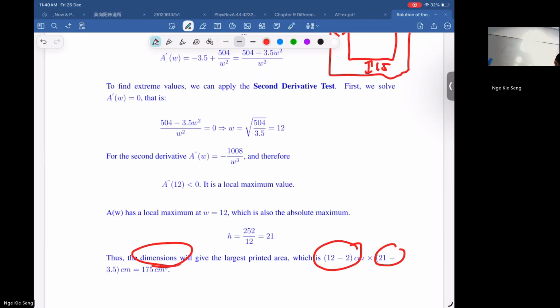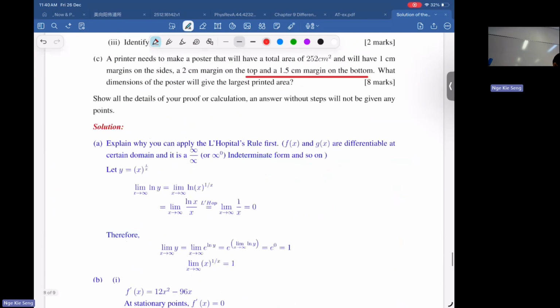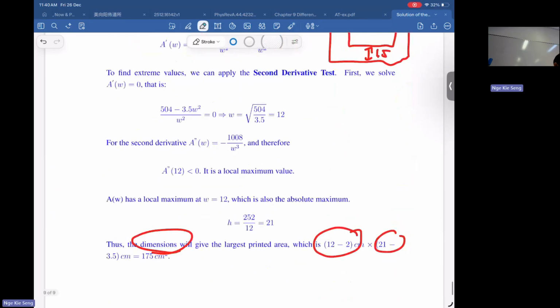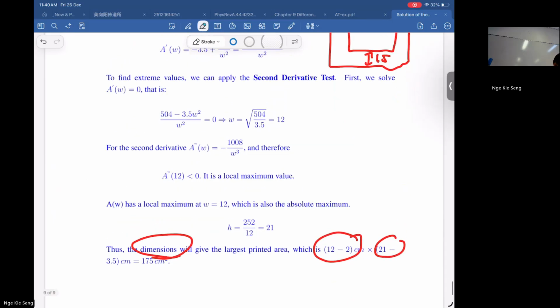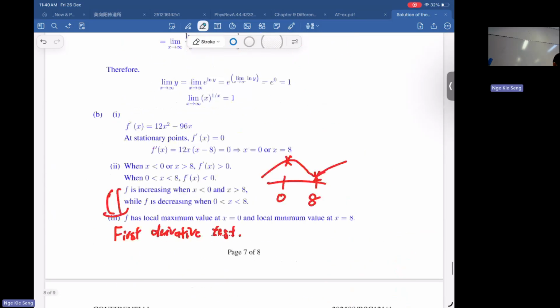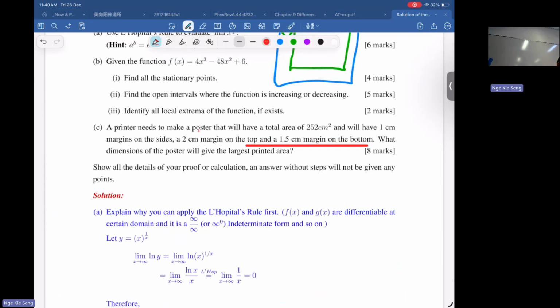Dimension here is referring to the dimension of the poster. So this poster is the paper of 252, but this dimension is about the poster itself.